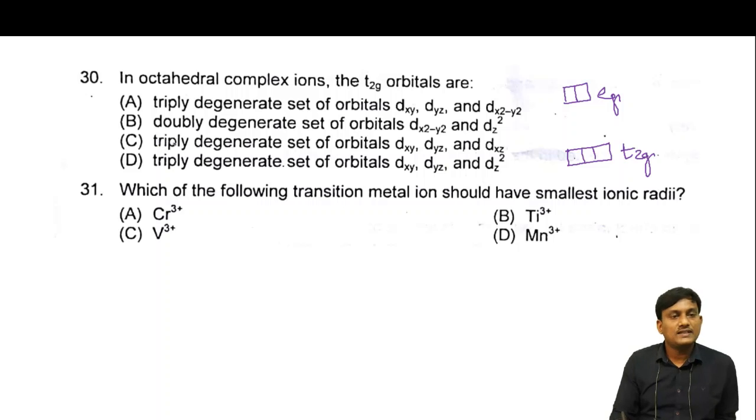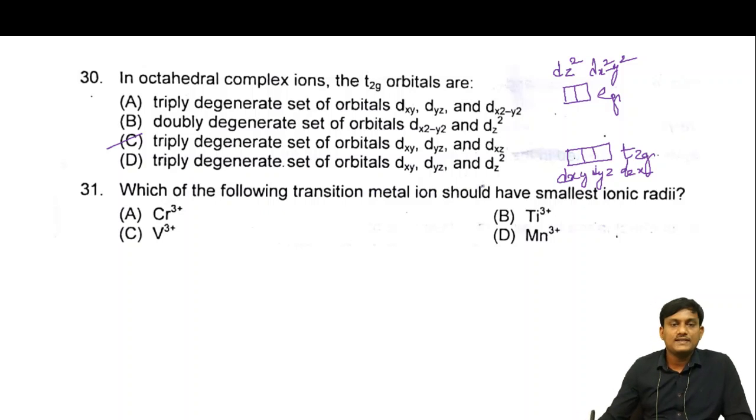So which one is correct? A triply degenerate set of orbitals, dxy, dyz and dxz. Eg, if you take, eg is dz square, dx square minus y square. Lobes are along the axis. T2g: dxy, dyz and dzx.